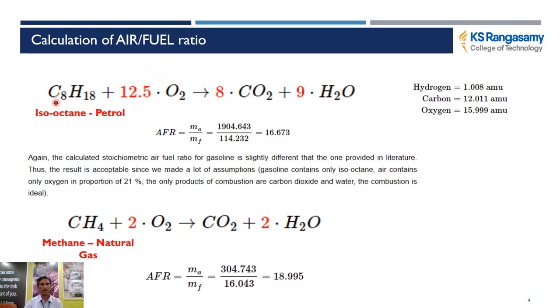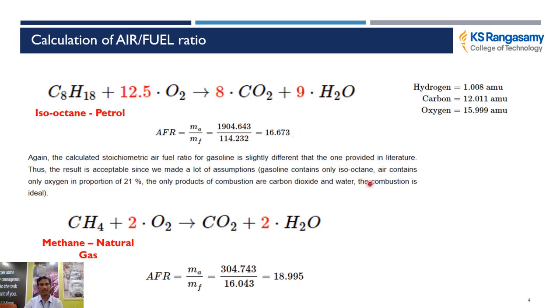The mass of a single carbon is 12, a single hydrogen is 1, and a single oxygen is around 16. We incorporate these masses into the equation. We get the mass of air as 1904 and the mass of fuel as 114. The ratio comes to around 16.673 theoretically, but in practice we use 14.7 to 1 as the stoichiometric ratio.